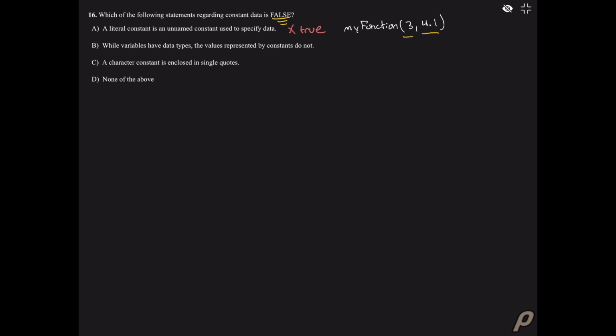There's no constant name, and no variable name. As you see here, the key word is unnamed constant. So we know that is indeed true, which does not make it a correct answer.